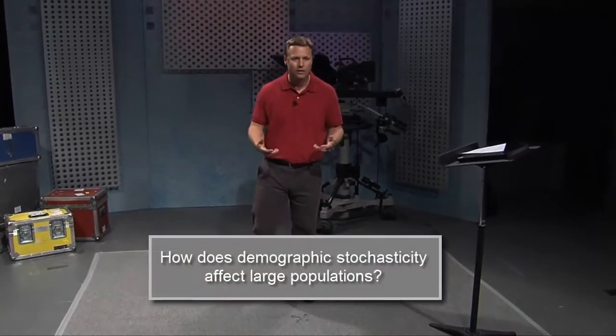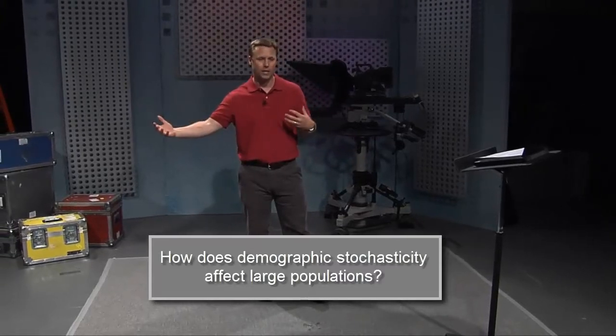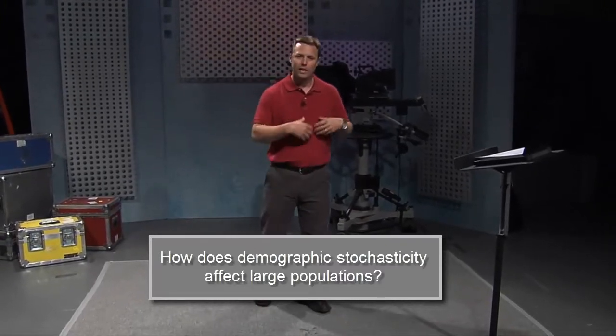In this case, we're dealing with a small population. But how does demographic stochasticity affect perhaps a larger population? Well, we can carry out the same procedure we just went through, but do it now for two populations and make some comparisons. We can use that random number generator to simulate the fate of two different populations and estimate the population size in 1 year's time, or one time step away, for each of those populations.